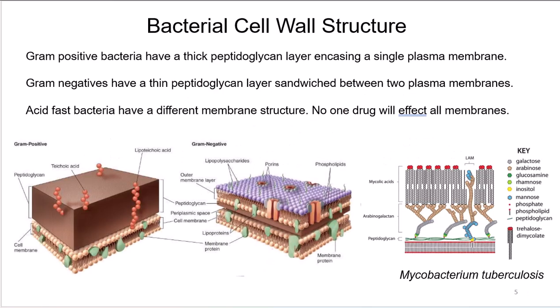So looking again at the structures of the cell walls, it's not surprising that some drugs which affect cell wall synthesis or cell wall integrity will have different specificity for the gram-positive and the gram-negatives.